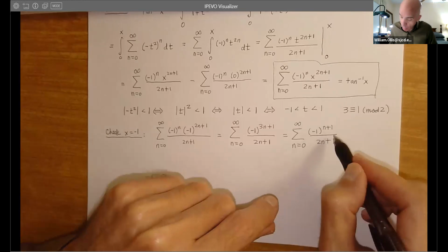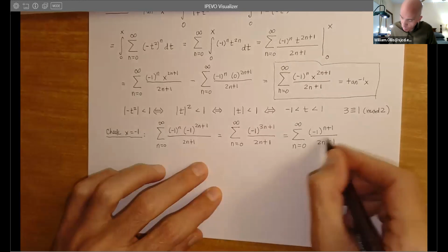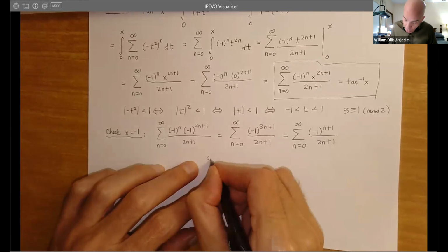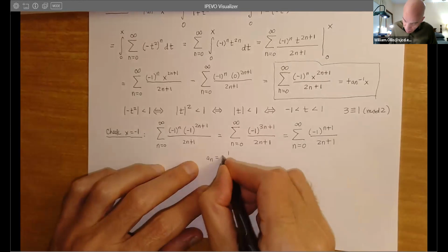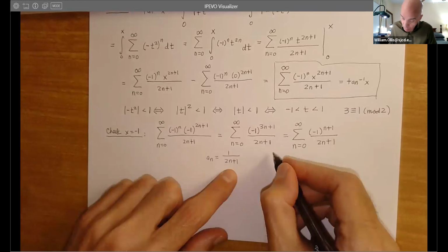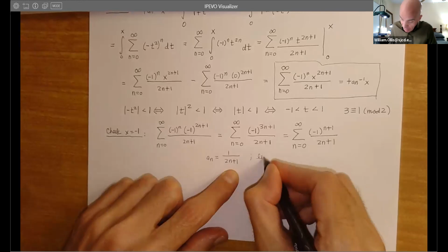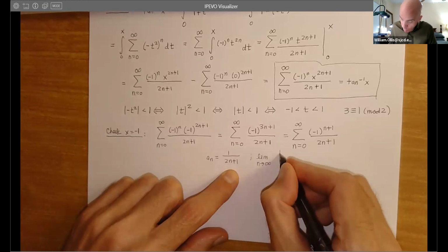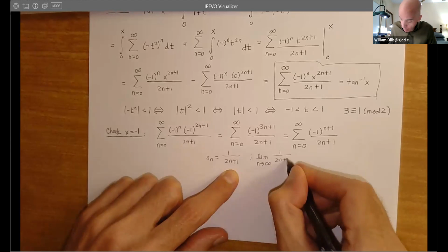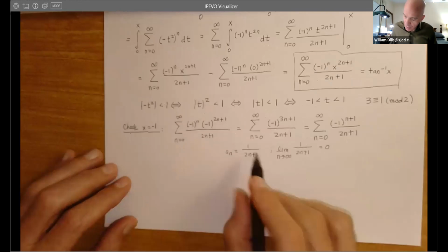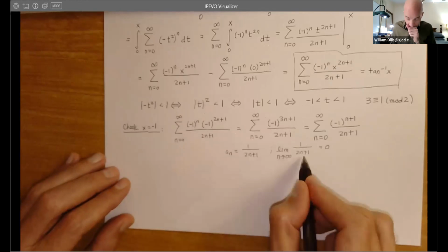So now we can say, all right, well, the a_n is just 1 over 2n plus 1. So we have, just looking at an alternating series, this limit is clearly 0. So the limit as n approaches infinity of 1 over 2n plus 1 is 0. And then we want to say, okay, well, what's the next element look like? Excuse me.